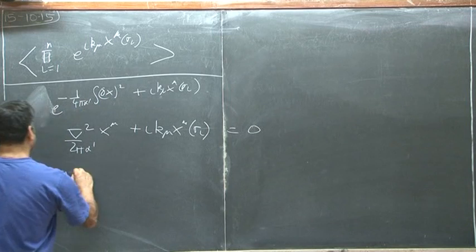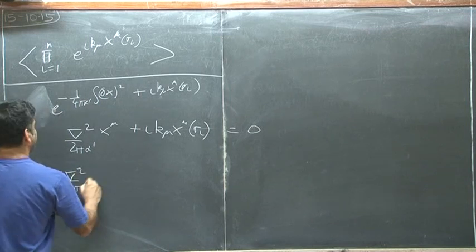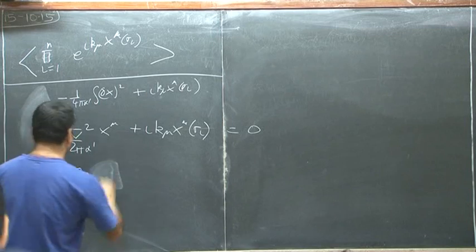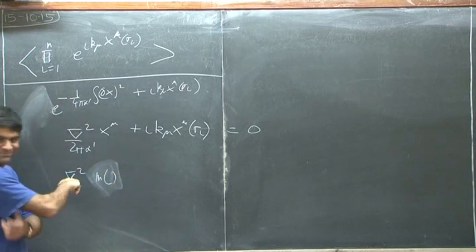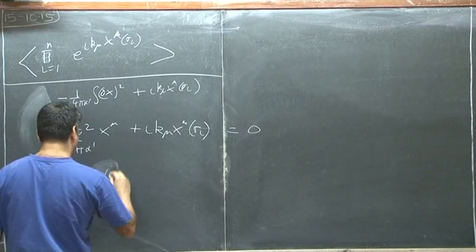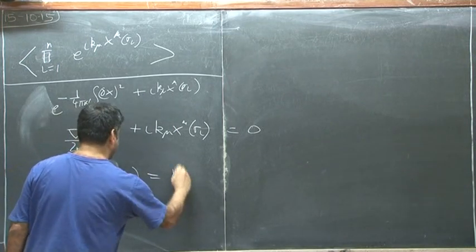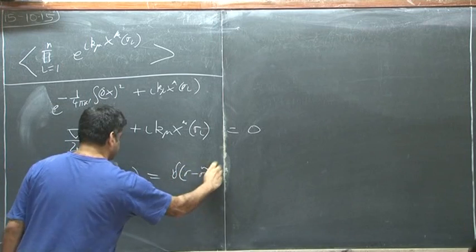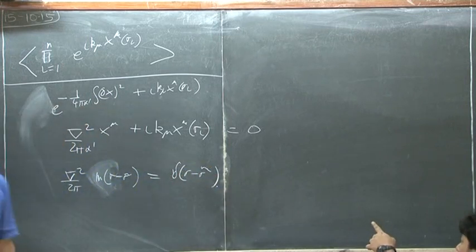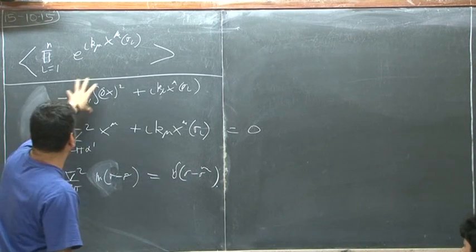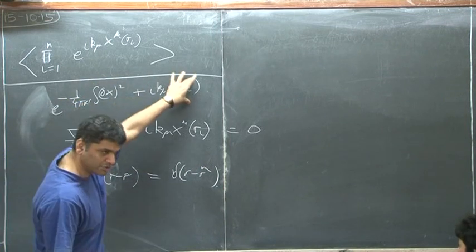Now you remember that del squared by 2 pi of log of sigma minus sigma' is equal to delta of sigma. I've got the path integral and I've got an insertion.